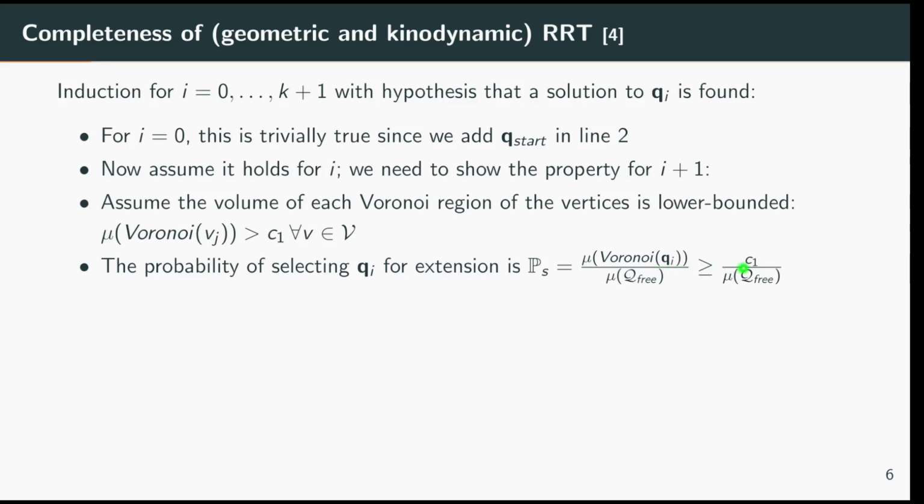And then we can bound it because we assumed we had this little bound C1 and say, okay, that is some positive number at the end. That is more or less fixed. So this probability is strictly greater than 0.